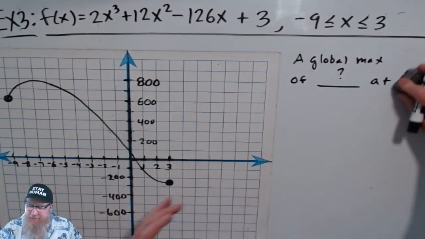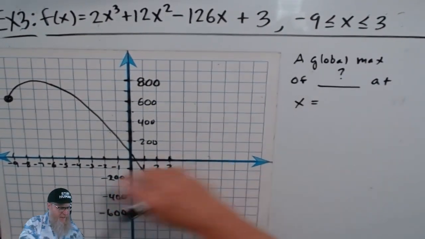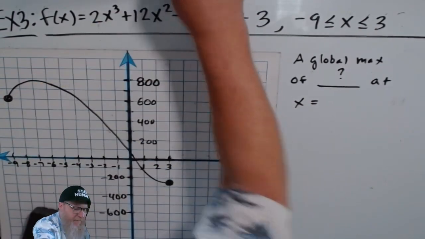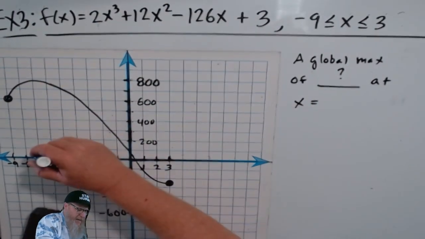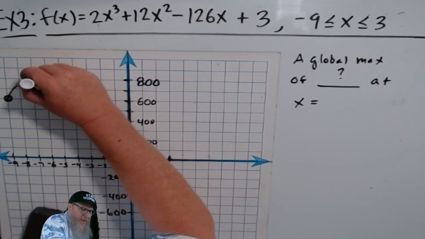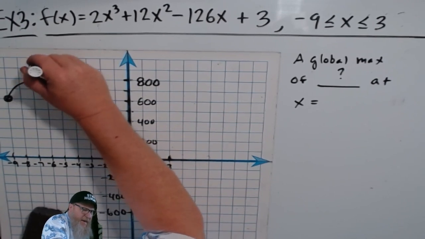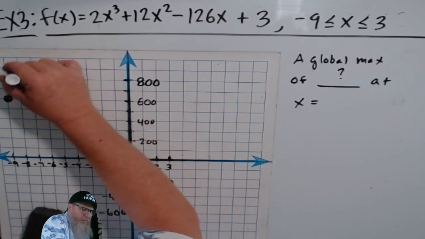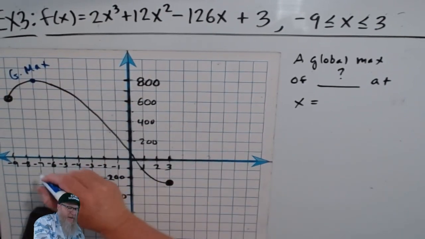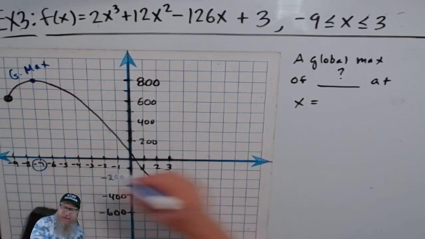The x value, let's look at that very carefully. So right about here, this is our max. We'll call it the G max. And it looks like x equals -7.